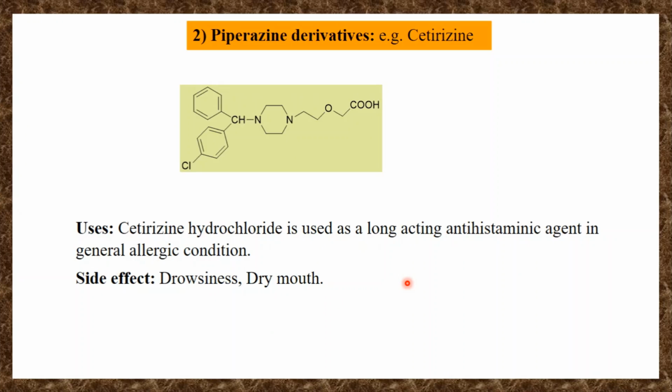You have seen this cetirizine in a medical store, and if you have an allergy, then you use cetirizine. So this is the piperazine derivative, the second class, and the example under it is cetirizine. Cetirizine hydrochloride is used as a long acting antihistaminic agent in general allergic conditions.